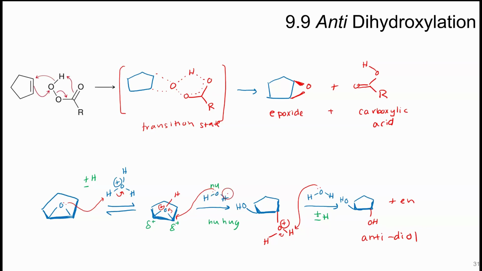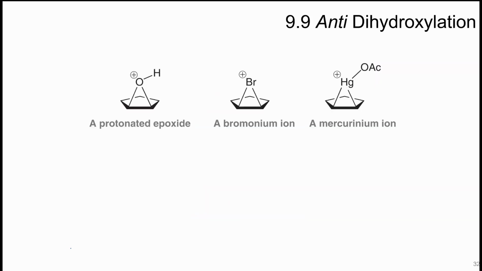If you remember, water is not a very good nucleophile here, which is why we have to add that acid to make the electrophile better. One thing that we've seen in common is these three-membered positive rings. There's lots of ring strain here.